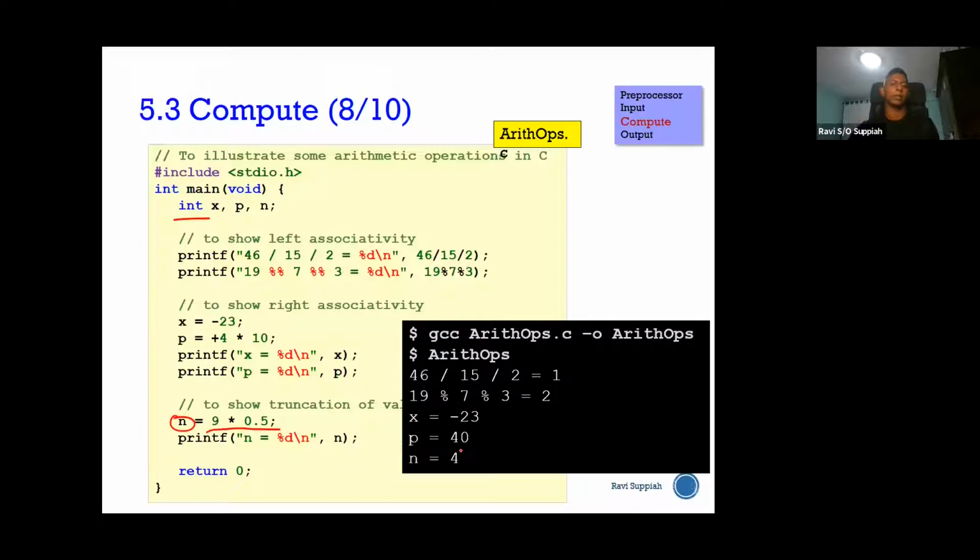So that is how C works. You need to be mindful of this because if you are expecting decimal points, you want to use float or double. Of course, some of you may think, why don't I just declare everything as float or double, so I will always capture any decimal point that comes about?